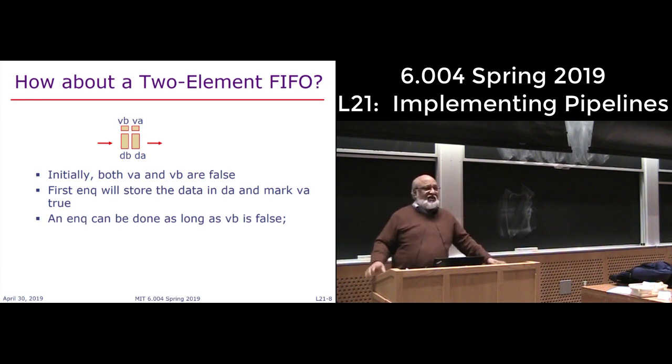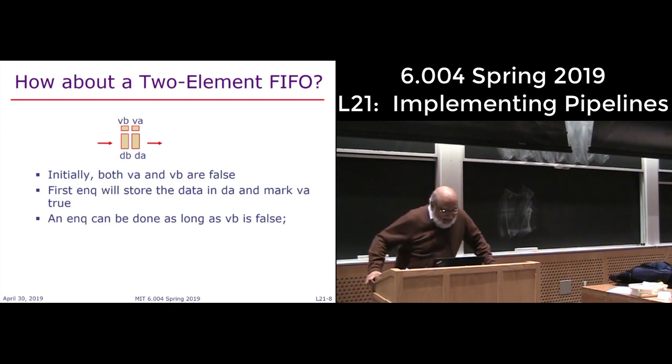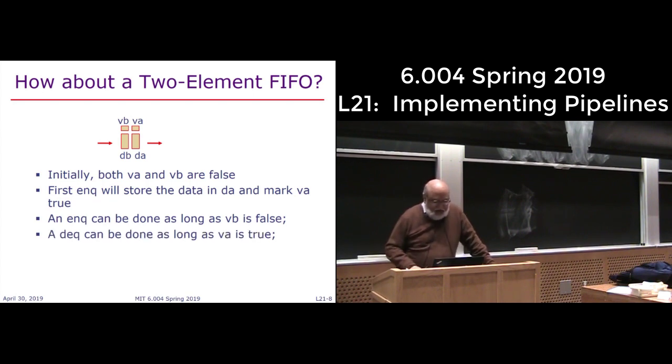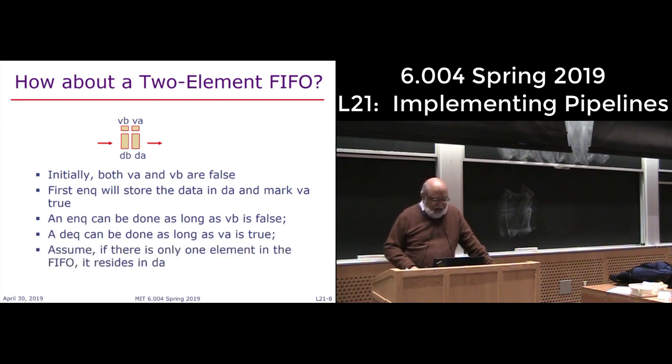First, NQ, right? FIFO was empty to start out with, right? NQ can be done as long as VB is false, and DQ can be done as long as VA is true. That's the kind of FIFO we want to write. All right, assume if there is only one element, then it sits in DA.